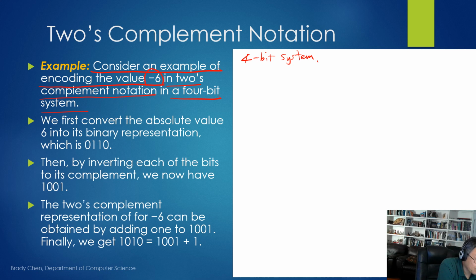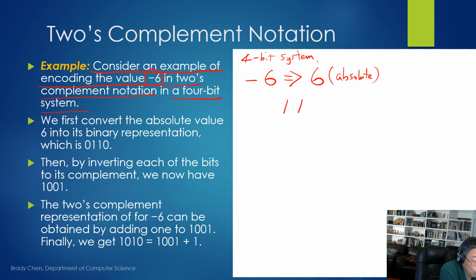By following the steps, we're first going to convert the absolute value 6 into its binary representation. It's -6, so the absolute value is 6, right? That's the absolute value.